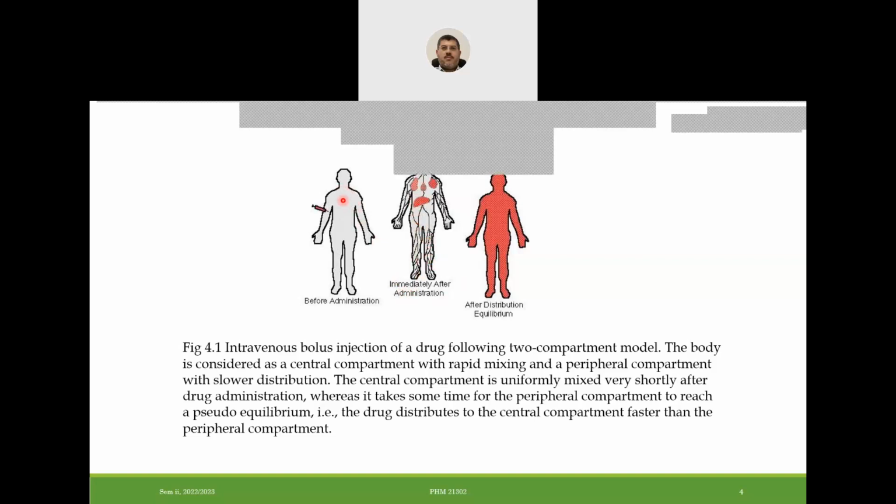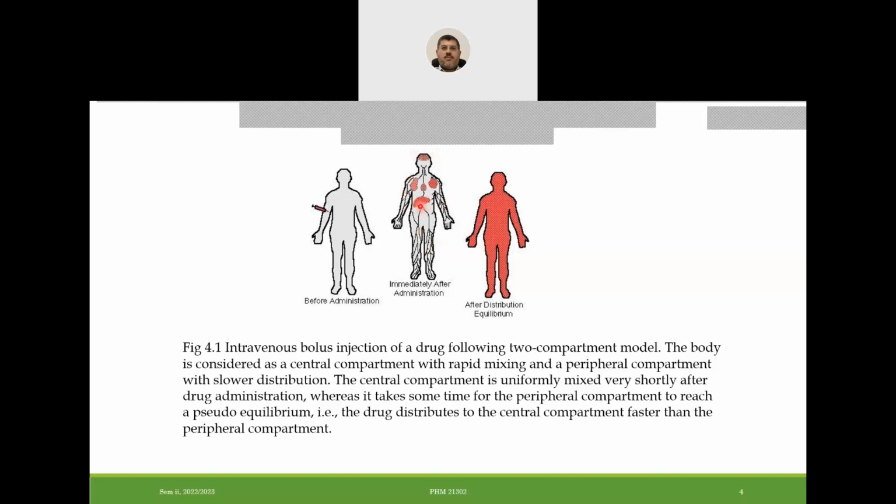If you look at this image, we cannot see the blood circulation before, and now the blood circulation is evident, because the drug is inside it. What else? Some other organs like the heart, liver, lungs, and brain also have the drug. This indicates distribution of the drug immediately to these organs and the blood.